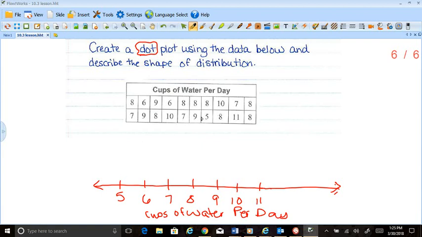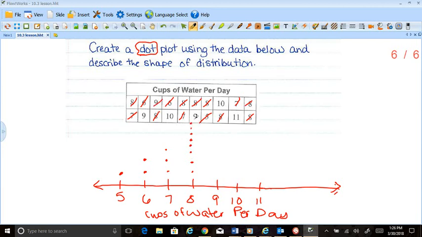If you count up here, we have one 5. There are two 6s. There are three 7s. There were eight 8s: 1, 2, 3, 4, 5, 6, 7, 8.